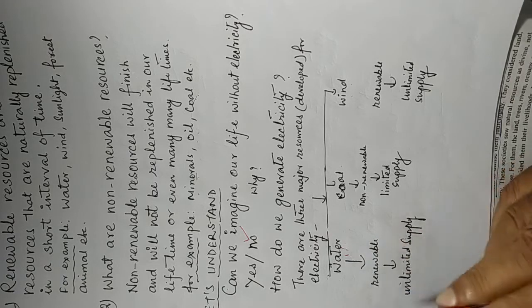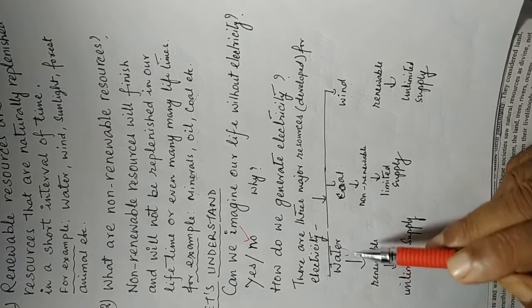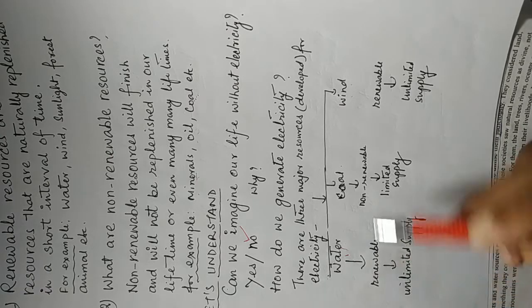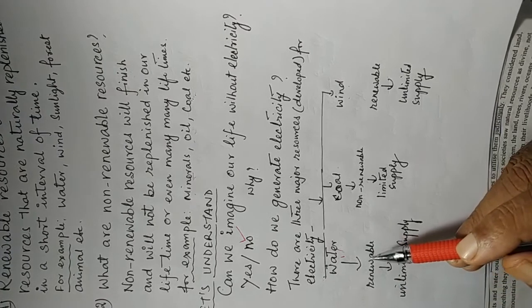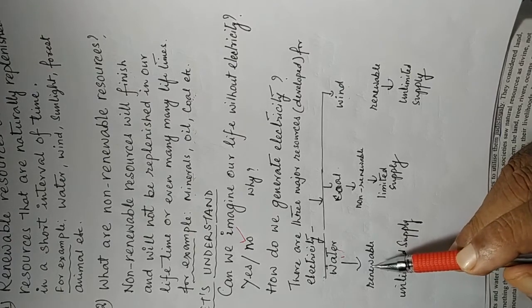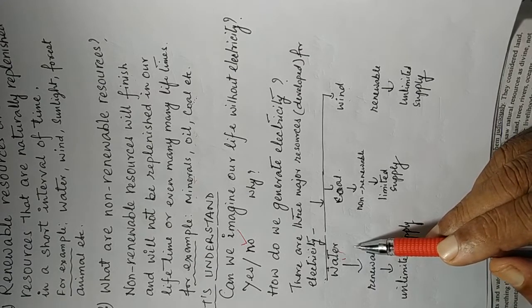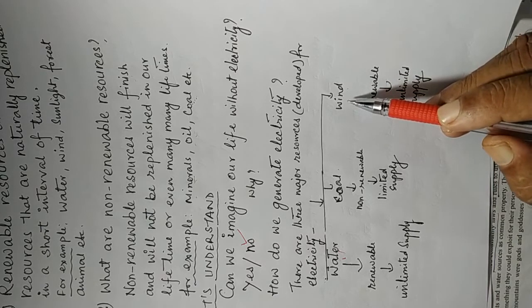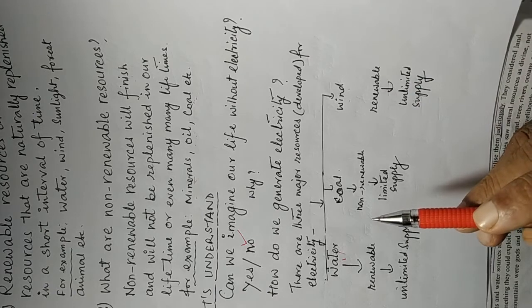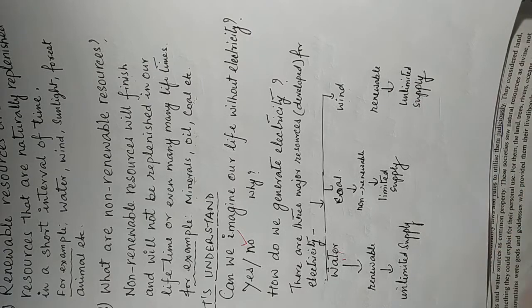Water evaporates, condenses as rainfall, and recharges the groundwater and water bodies. So water is always available on earth. Wind or air is also available and inexhaustible. So we can say that both water and wind have unlimited supply and are renewable. I hope that you get the idea of what is renewable.